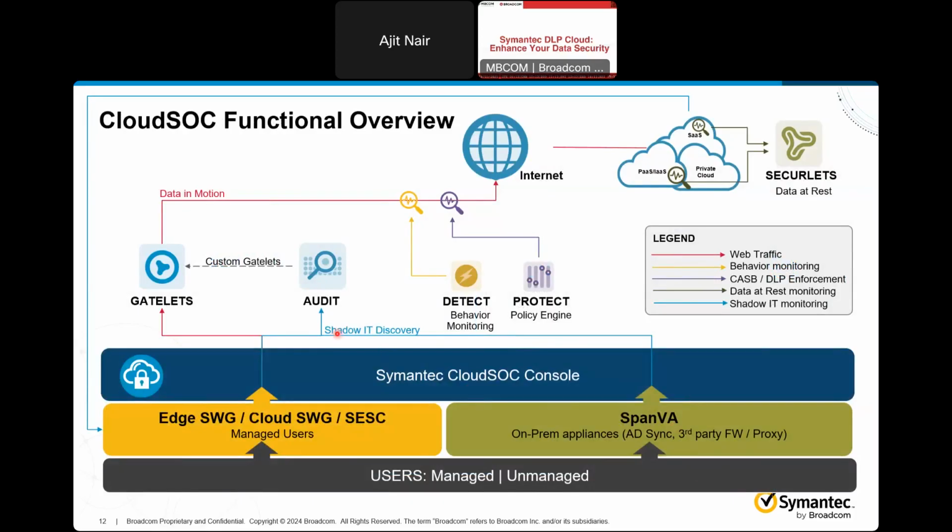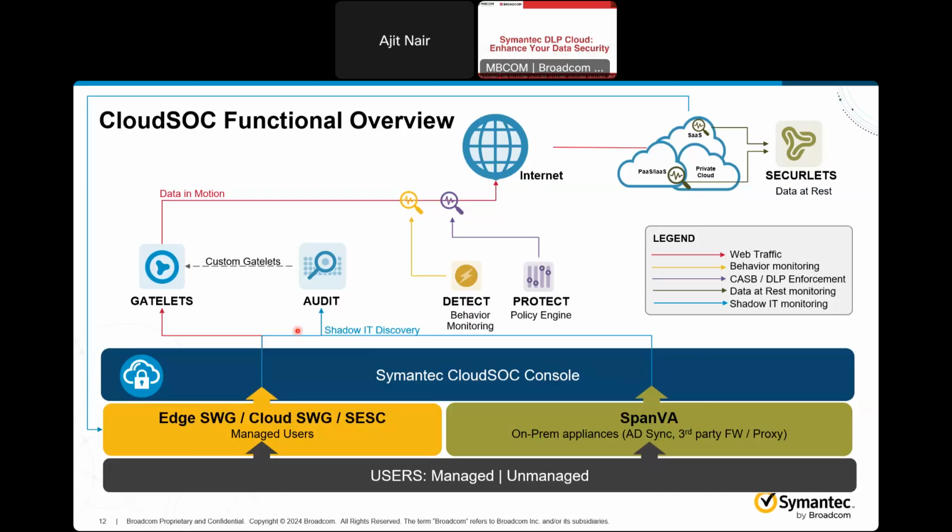CloudSOC can be used to identify risky applications, that is, shadow IT, by analyzing network traffic logs, which can be sent directly from an on-prem proxy, such as the Symantec proxy solution, the Edge SWG, or even the Cloud SWG. In most deployments, these solutions require an agent.